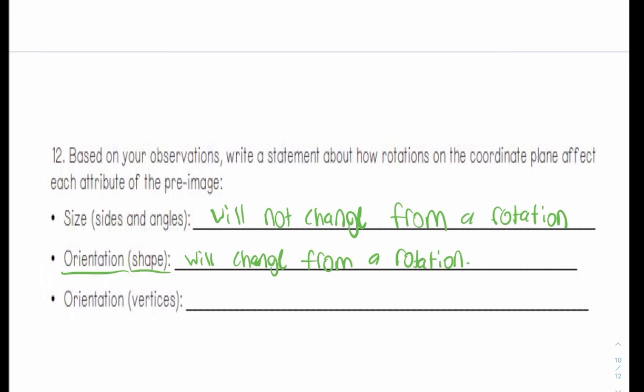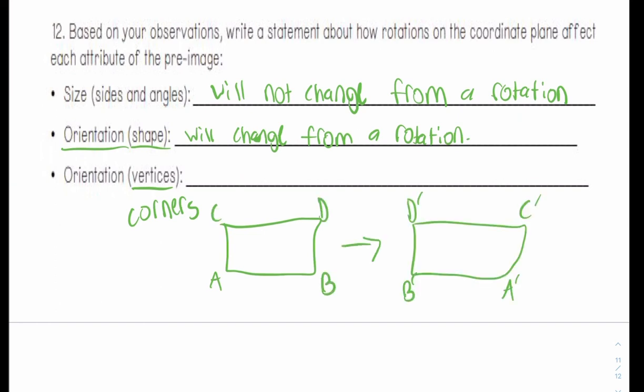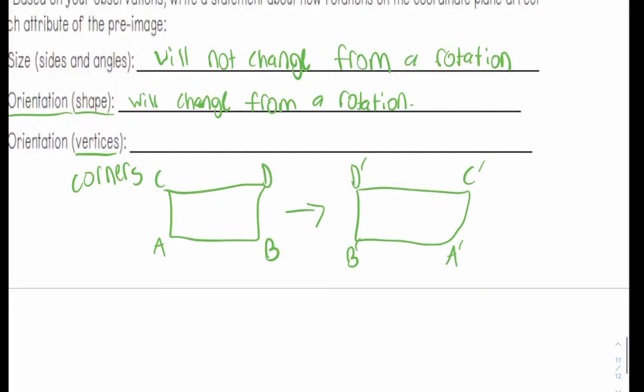Lastly, we have the vertices. The vertices are the corners. As in, if we have A, B, C, D, will a rotation change the order of them? Did they ever change their location?